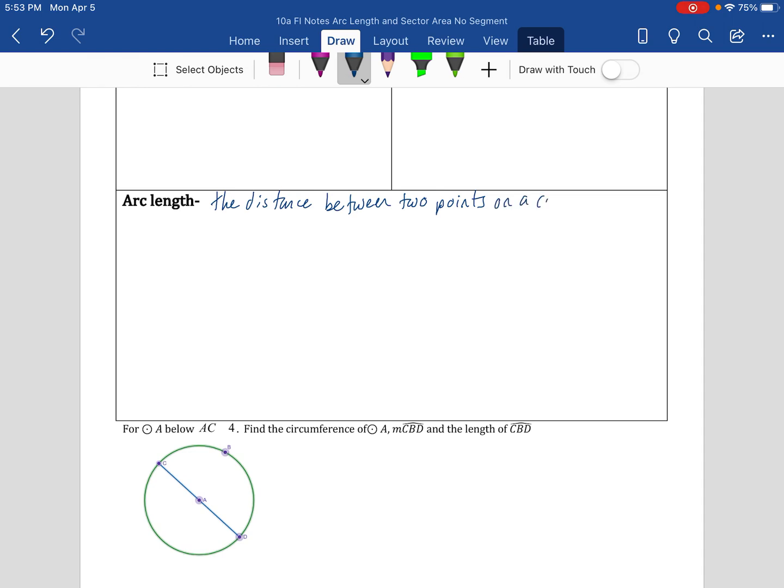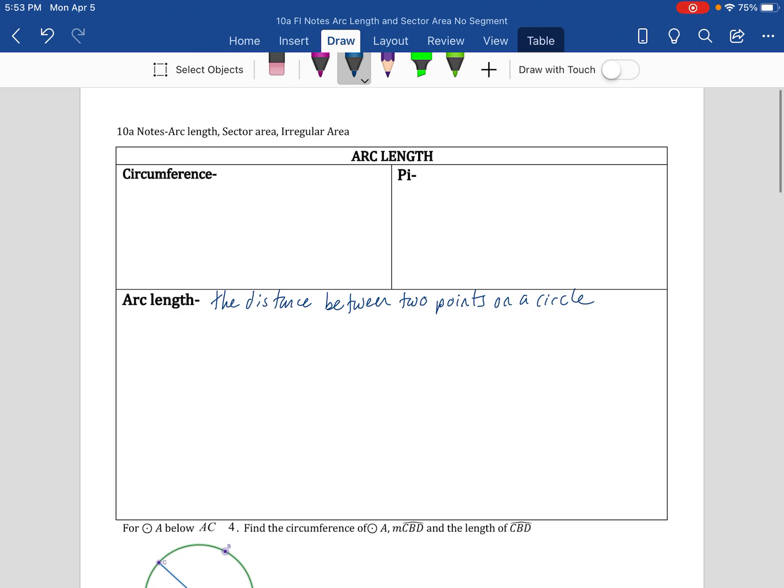So, distance between two points on a circle. Okay, and the length of your arc has a lot to do with the circumference of your circle.